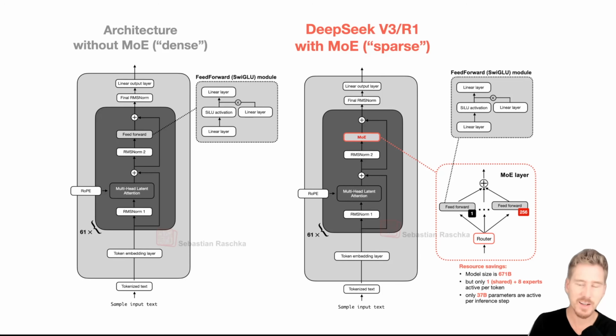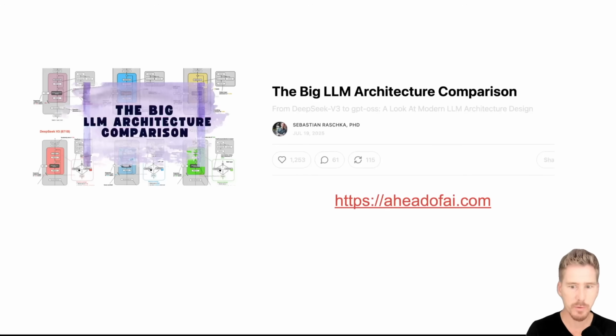It doesn't work quite like that because it's implicit in a sense how the router decides what experts to use. But the training optimizes it in a sense that it is not using all of the experts, only the 9, but then also using the most efficient ones for the given task. Yeah, and that is a mixture of experts, something everyone uses. This was a very quick overview because there are only so many minutes.